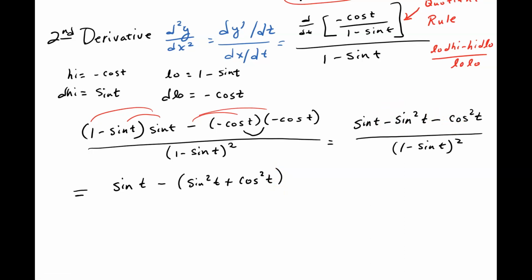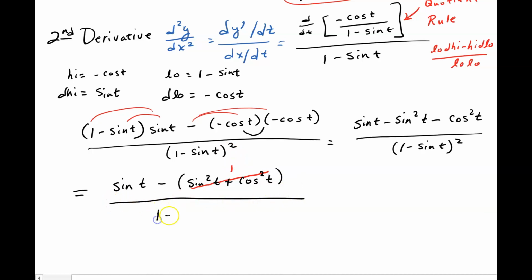I did that for a reason, because I know this identity is Pythagorean. It's just 1. So I'm going to divide that by my 1 minus sine of t squared.